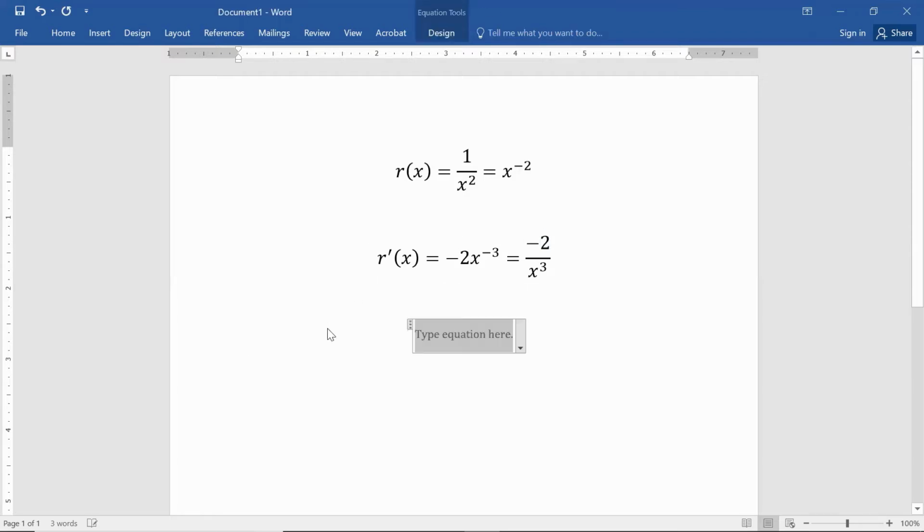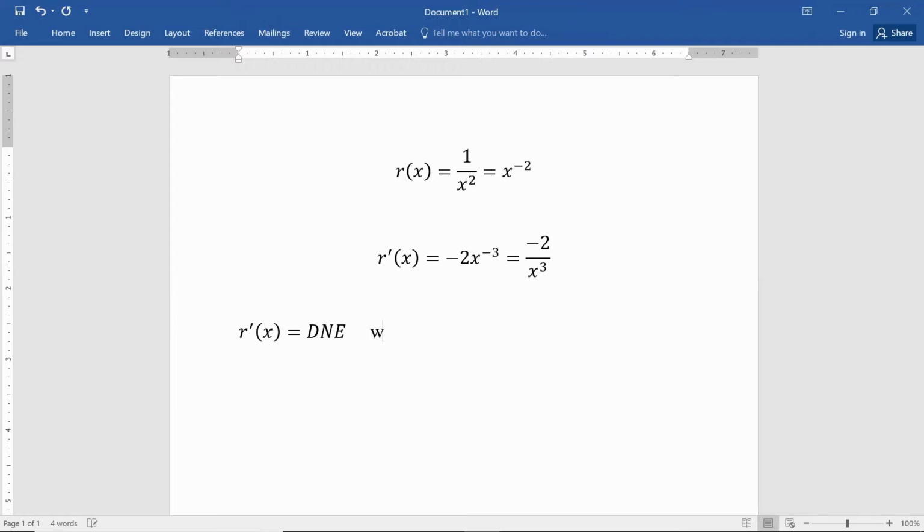The first derivative does not exist when the denominator is equal to 0. That means x to the third would be equal to 0. The only way x to the third could be equal to 0 is when x is equal to 0. So we get a critical value when x is equal to 0.